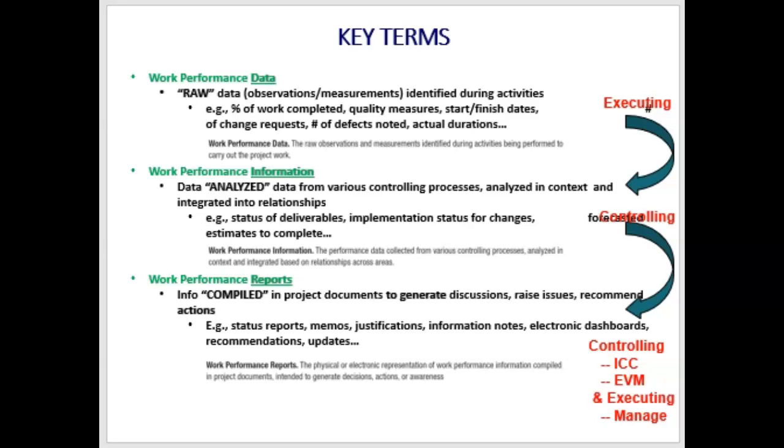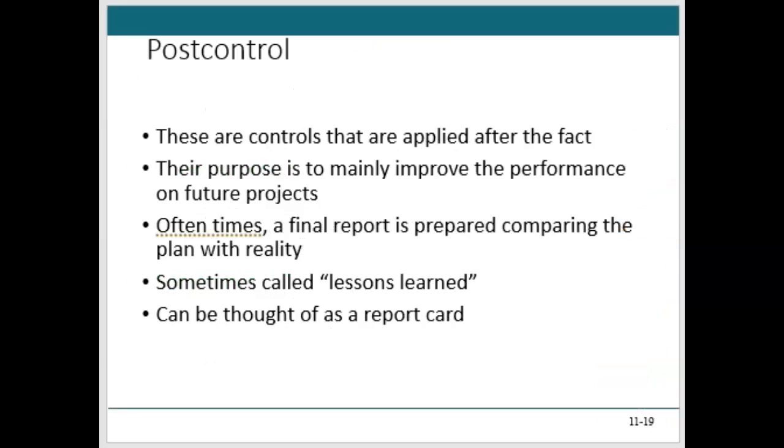You've done that in a report, and that also adds to your control capability. And so as a result, we have these information requirements for this go, no-go: work performance data, work performance information, work performance reports. Those are going to lead to status reports, which are a great way to communicate in control.